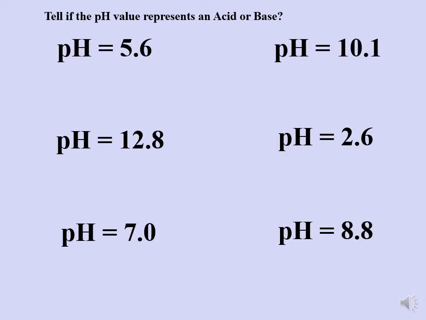So I'm going to do one for you. Let's just do this one over here, pH of 2.6. 2.6 is less than 7 on the scale, which makes this an acid. And because it's an acid, by definition, it has to have a higher concentration of hydrogen ions compared to the concentration of hydroxide ions.